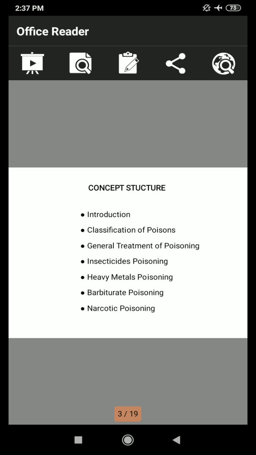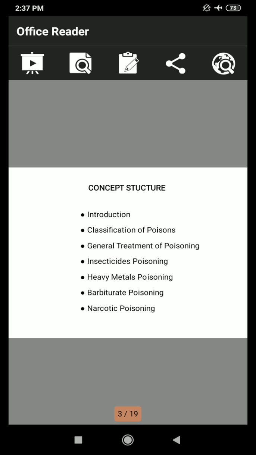Then insecticide poisoning. In that, organophosphorus compounds and DDT. First is organophosphorus compounds. Symptoms: headache, irritation of eye, nose and throat, blurring of vision, cough followed by vomiting with abdominal pain, in several cases salivation, then nervousness and convulsion may occur.